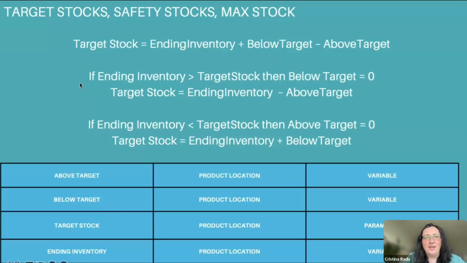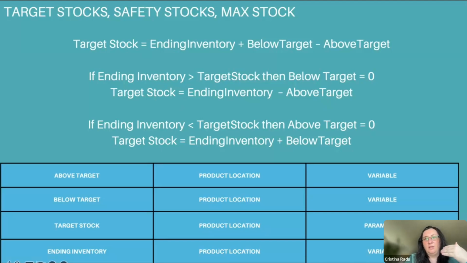Okay. So if the ending inventory is bigger than the target stock, then below target is 0, right? Because if the ending inventory goes above the target stock, you are not below. So the idea is that you cannot be both below and above target. One of them will be 0. So then the equation becomes target stock equals ending inventory minus above target.